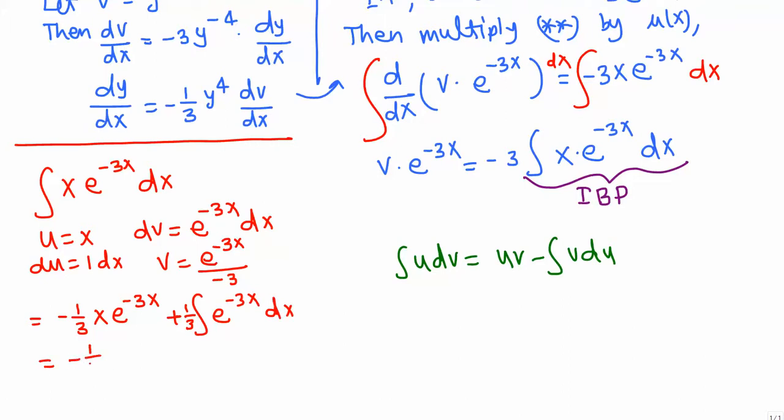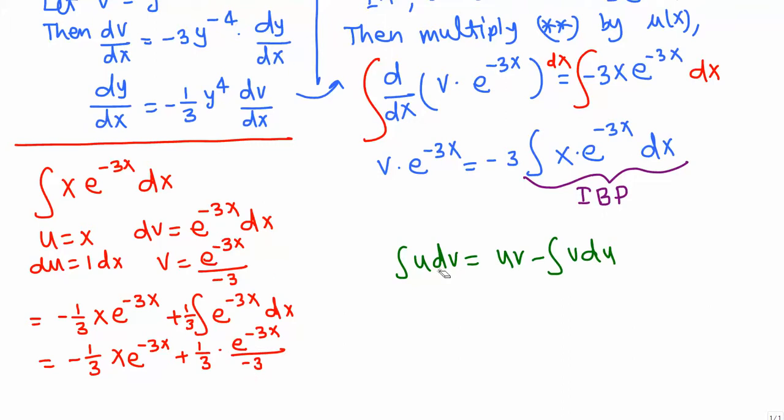So this is negative 1/3 x e to the negative 3x plus, integrating this, 1/3 times the antiderivative of e to the negative 3x, which is itself divided by negative 3, a factor that comes from u substitution.